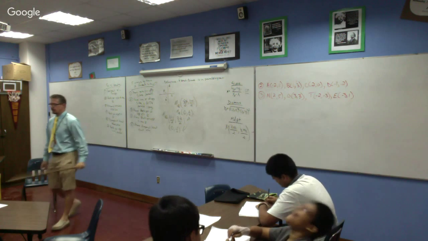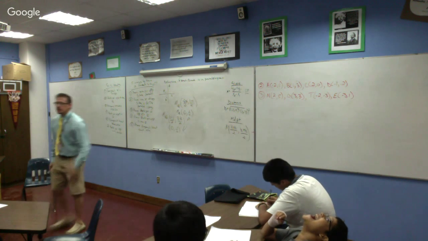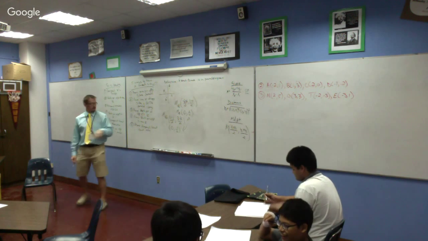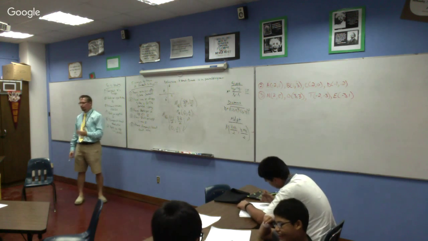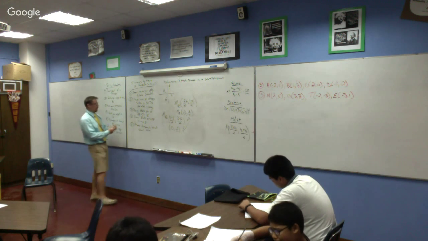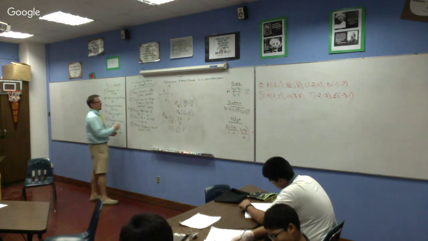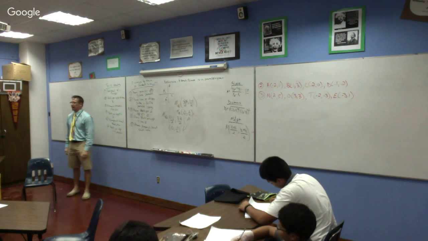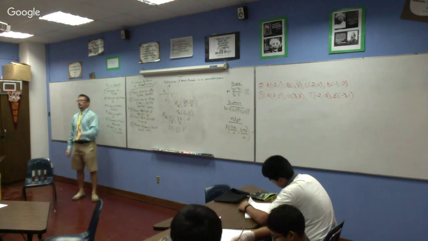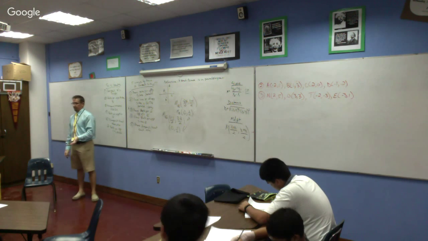Great. All right. So that's how we prove that a quadrilateral is a parallelogram. We find one of these 4. We could use 5, but this one right here is the one that we can kind of ignore. If we're working with coordinates, choose one of these 4 and go with it.